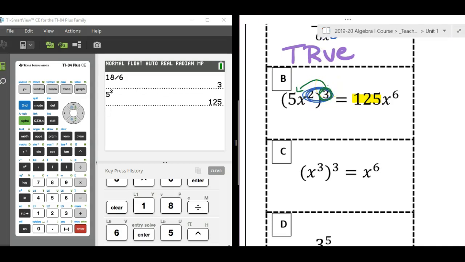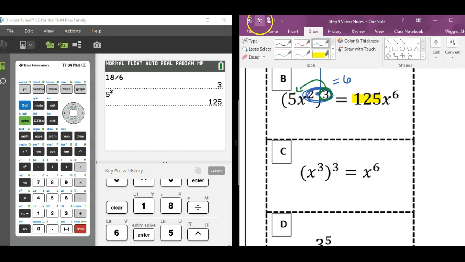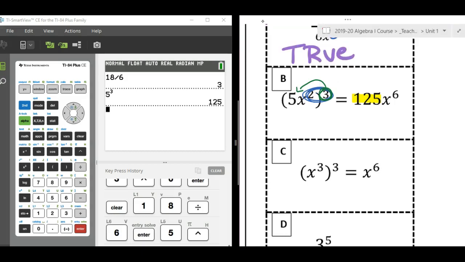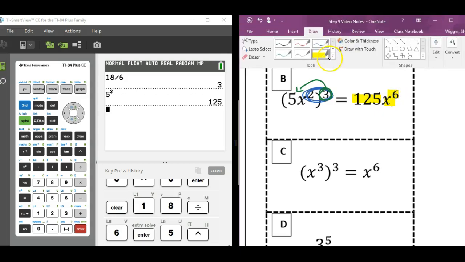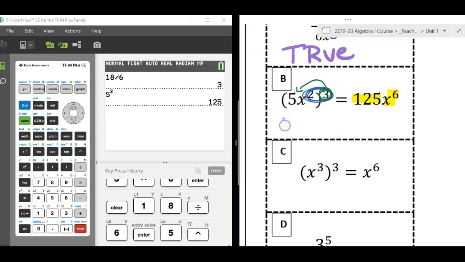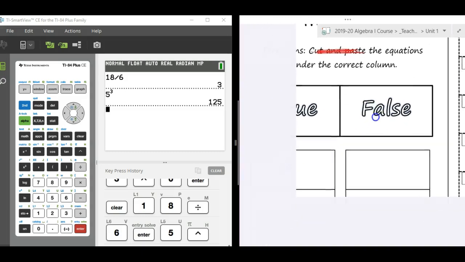Here I need to multiply. 2 times 3 is 6. X to the 6th power. B is also true.